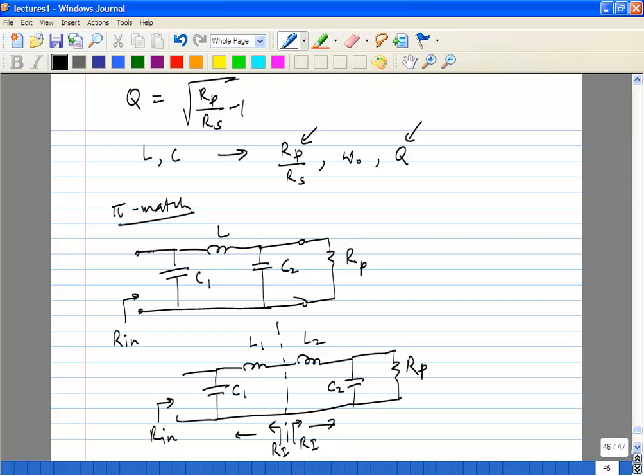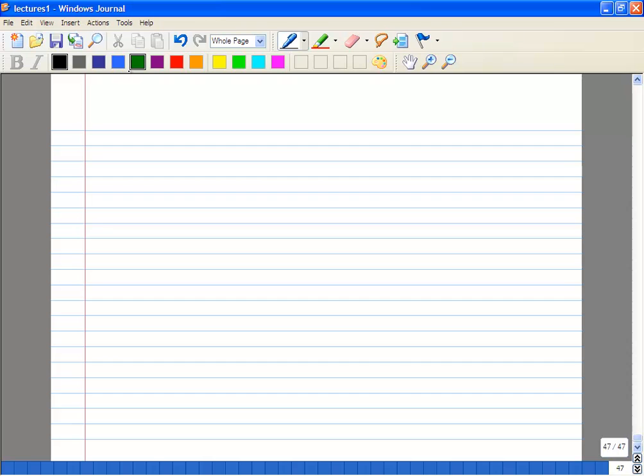So the impedance looking in for the left side L match is Ri and the right side L match is Ri. And you can define two Qs, a QR and a QL, which is Q right and Q left, because each side is an L match, and for those L matches you can define a Q. Is that clear?